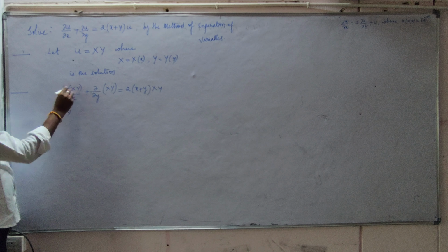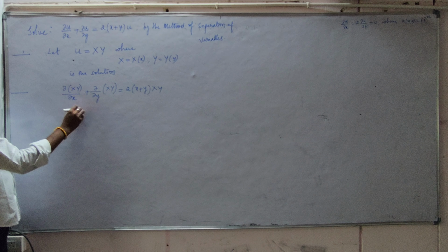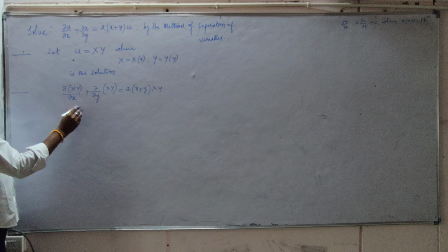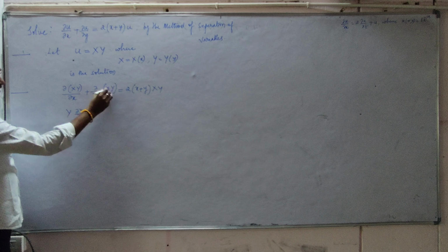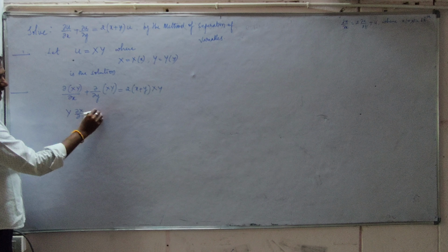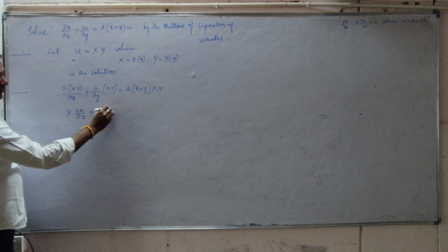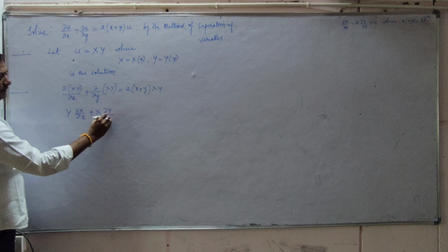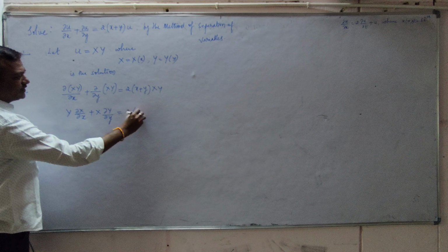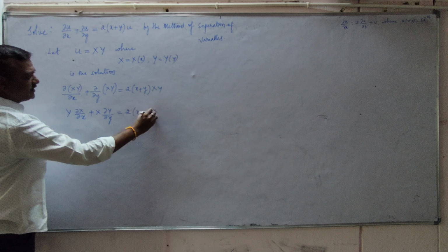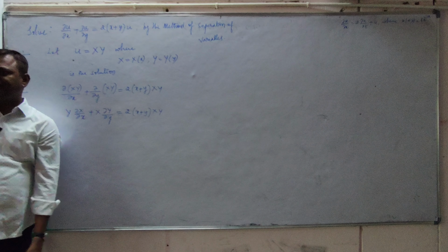This is Y into dou capital X by dou small x. Here with respect to y, we will take capital X outside. It will become dou capital Y divided by dou small y is equal to 2 times x plus y into capital X into capital Y.